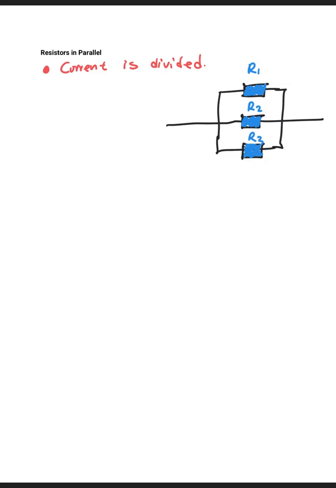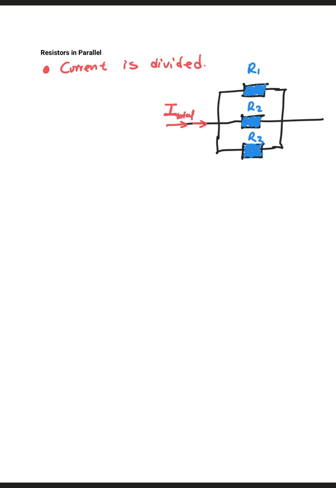Now current is divided, right? So if I have a current moving towards this parallel combination, I will call it current I, which is basically I total.